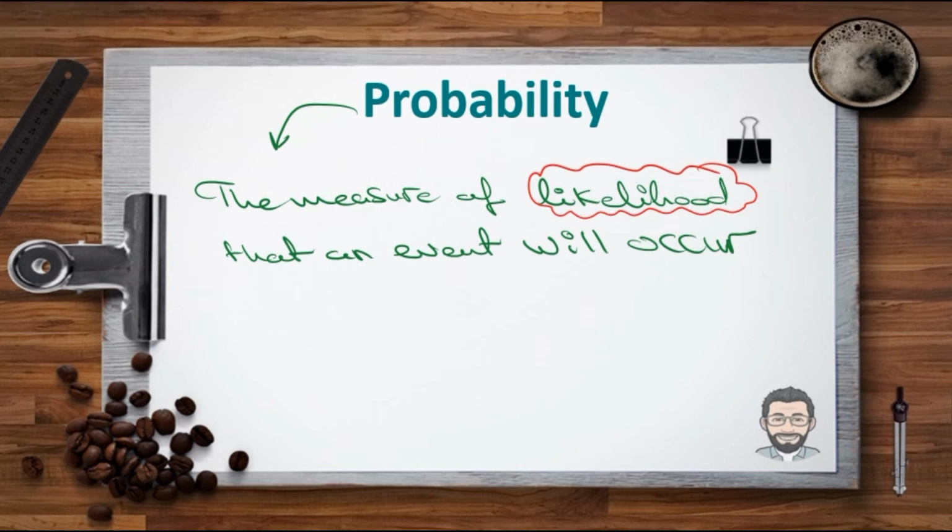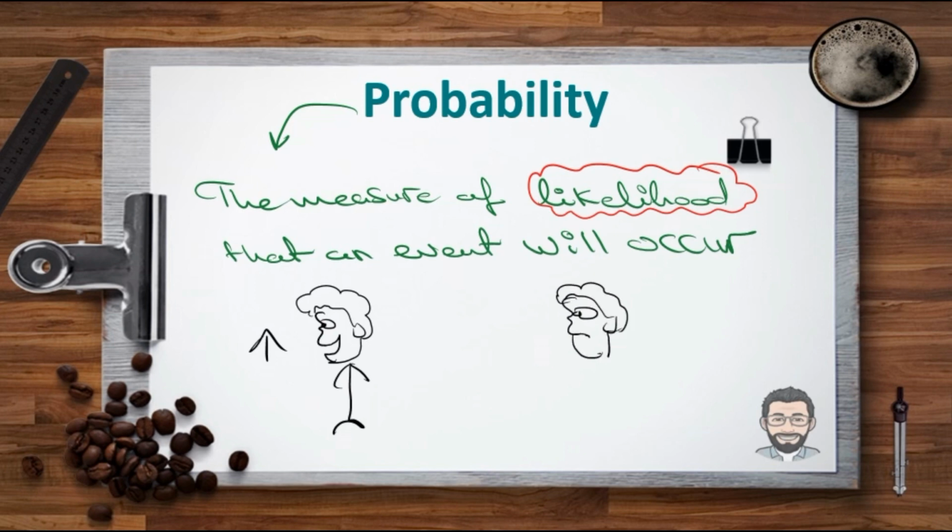For example, if I have here two people, the first one is very happy and he's saying that my probability of passing the exam is high, and he's very happy. And the other one is saying what? My probability of passing the exam is low.